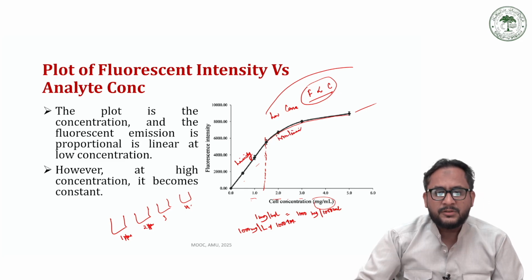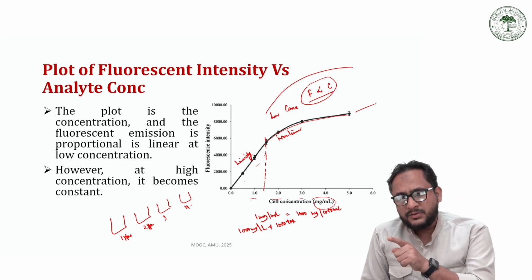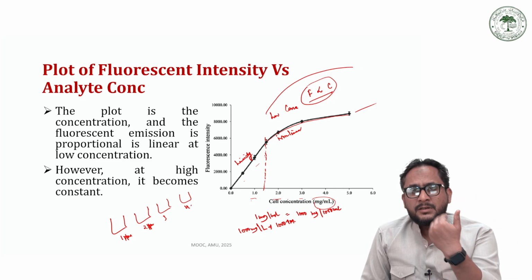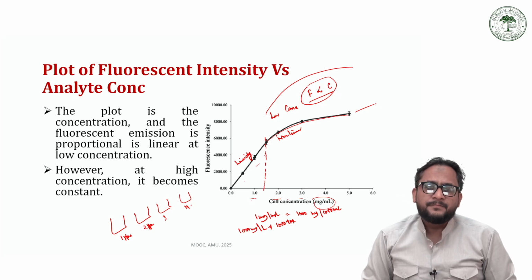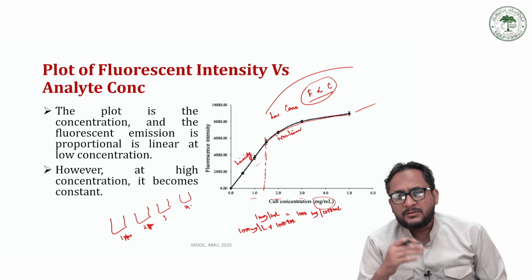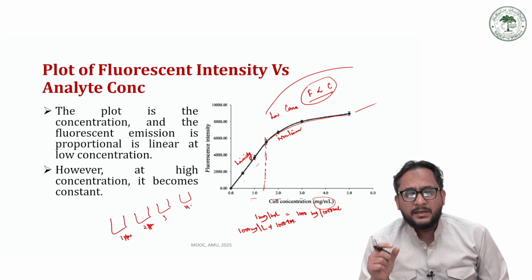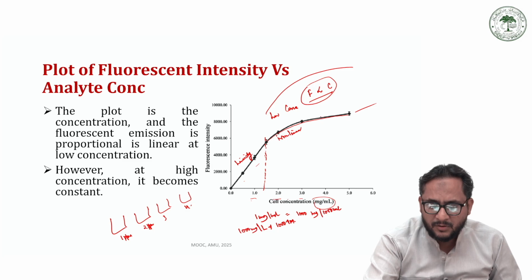So at low concentration, we have a linear relation between the fluorescence intensity and concentration. As the concentration goes beyond a particular value, the fluorescence intensity does not increase correspondingly, and at a certain point it becomes almost constant.